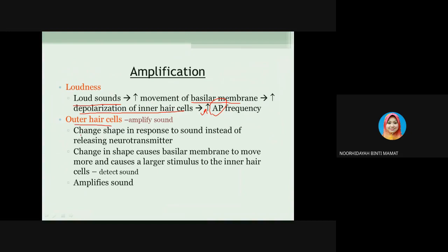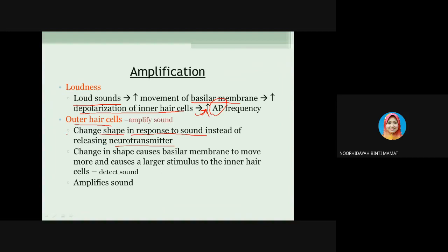The outer hair cells will change shape in response to sounds instead of releasing the neurotransmitter. The inner hair cells will release the neurotransmitter, and it will make the AP frequency high, but the outer hair cells normally change shape in response to the sound instead of releasing the neurotransmitter.